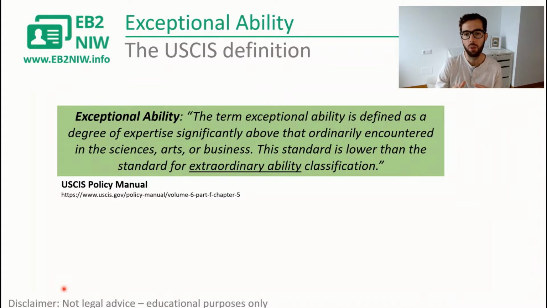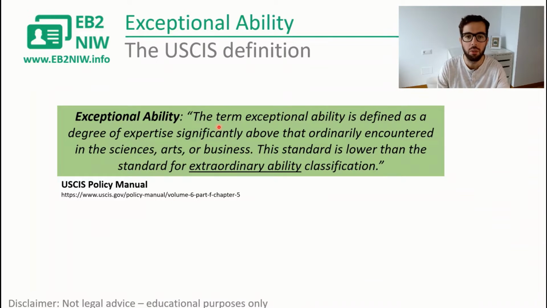First of all, I want to tell you, don't get caught up by the words, this very not humble way of describing yourself. I think many of us wouldn't say that we are exceptional or extraordinary, but we have to really look at what the USCIS defines as exceptional ability and leave our thoughts about these words aside for a second.